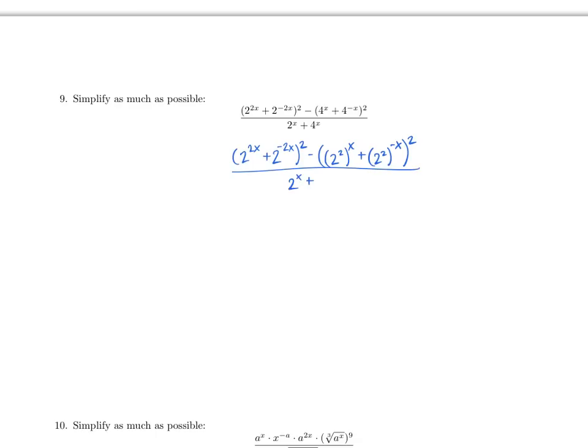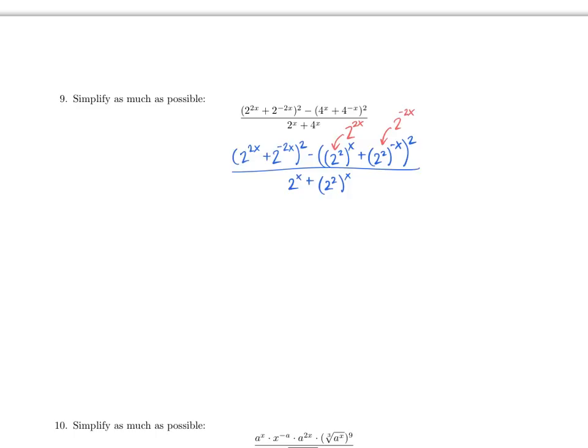And I'll even go back there and say 2 quantity squared to the x power. Nice. Okay. So what's interesting about this is that 2 squared to the x power is just going to be 2 to the 2x. This right here is 2 to the negative 2x.